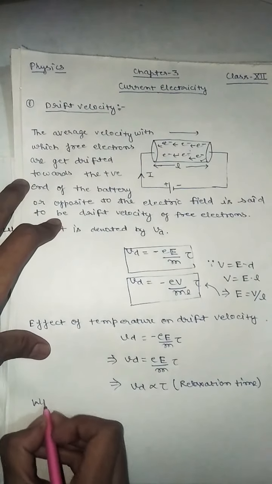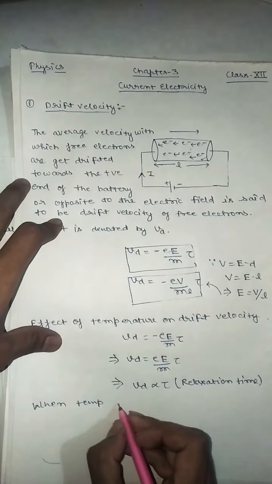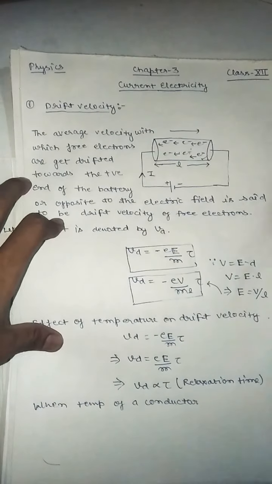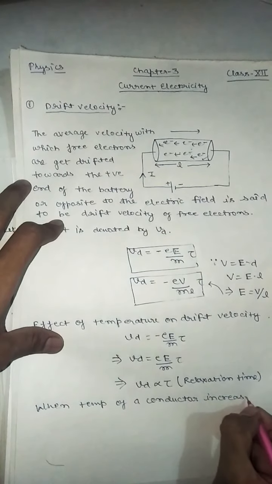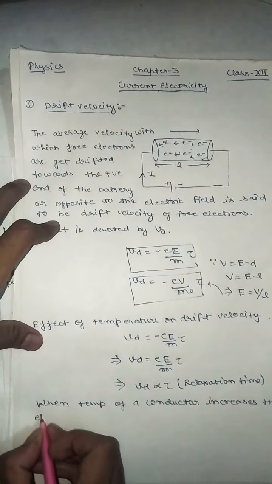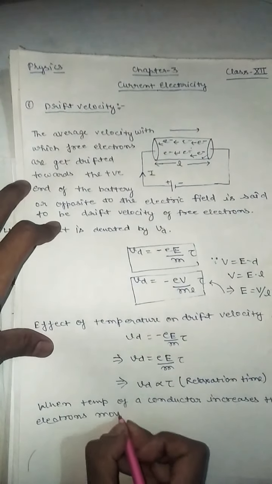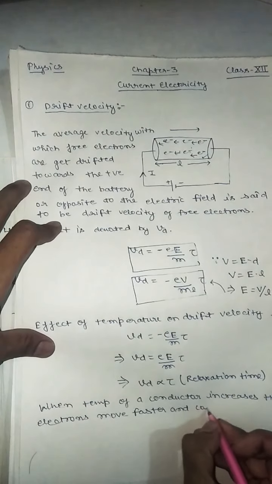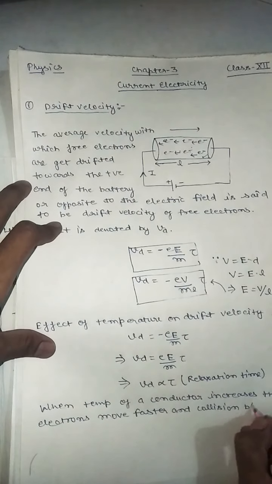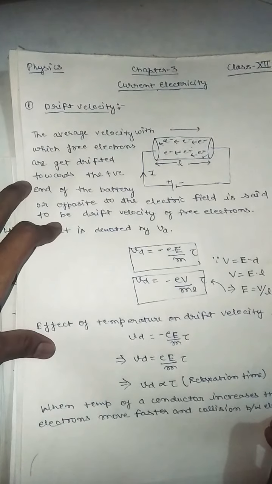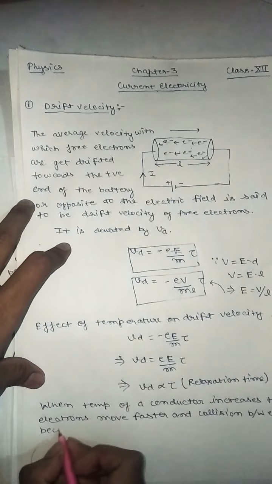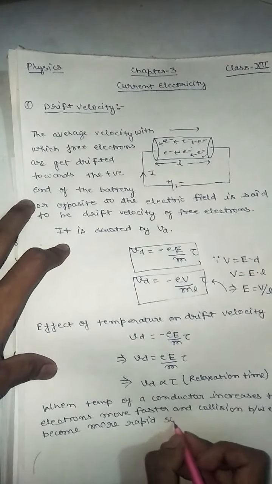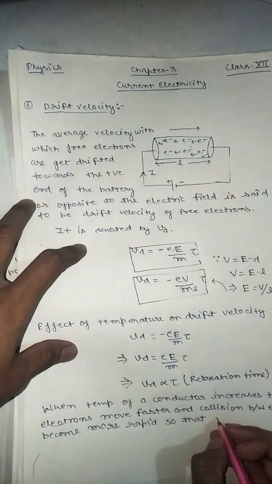So we can conclude that when the temperature of a conductor increases, the electrons move faster and collisions between electrons become more rapid, so that the relaxation time decreases.